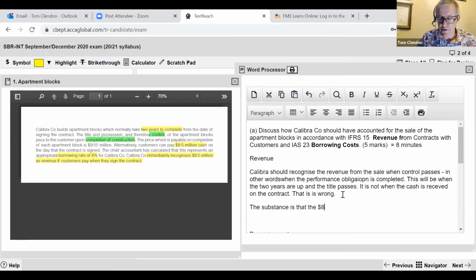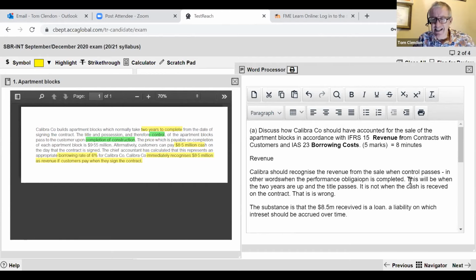The substance is the 8.5 million received is a loan, a liability on which interest, finance cost, yeah, should be accrued over time. Yeah, you borrowed money at 5%.